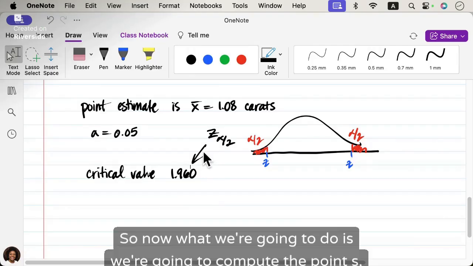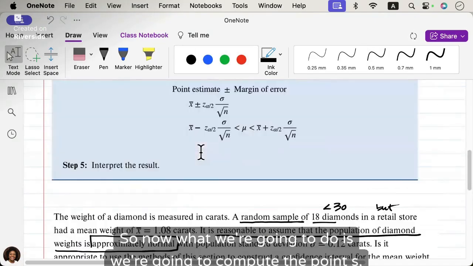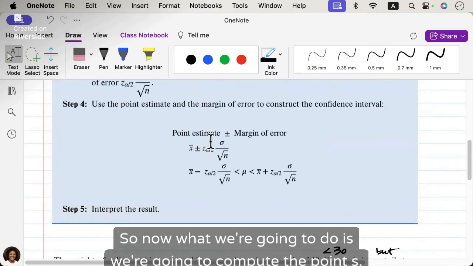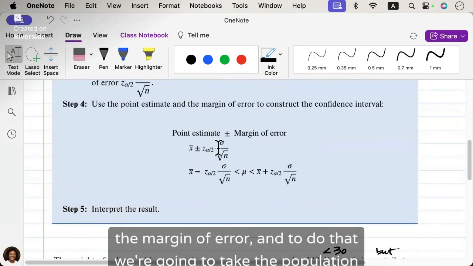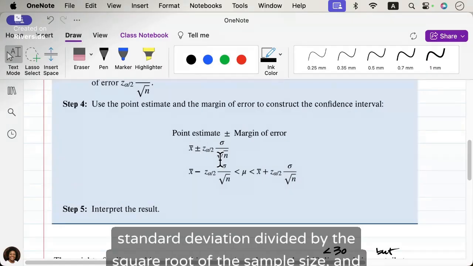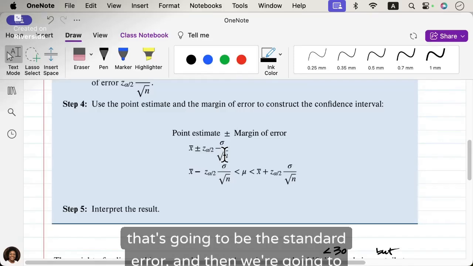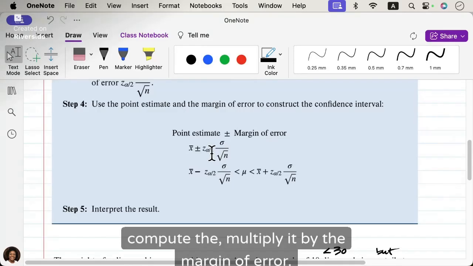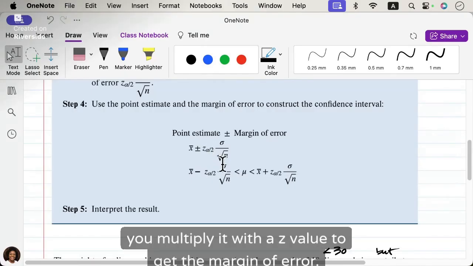So now what we're going to do is compute the margin of error. And to do that, we're going to take the population standard deviation divided by the square root of the sample size. And that's going to be the standard error. And then we multiply by the Z value to get the margin of error.